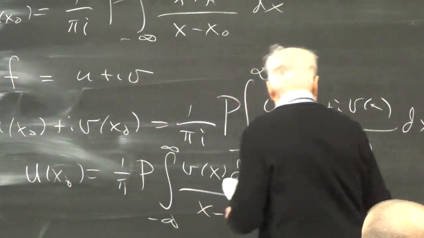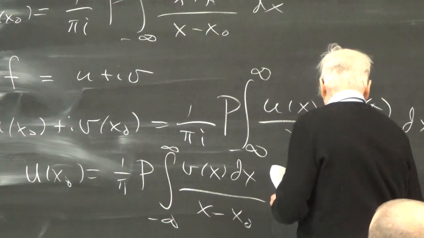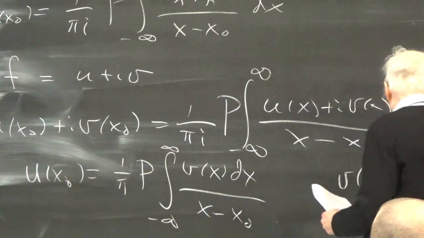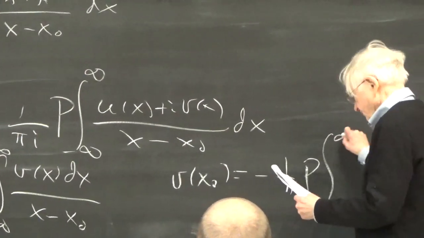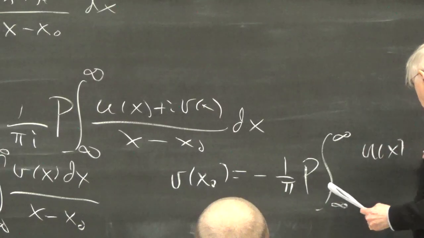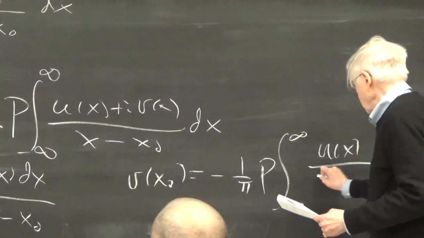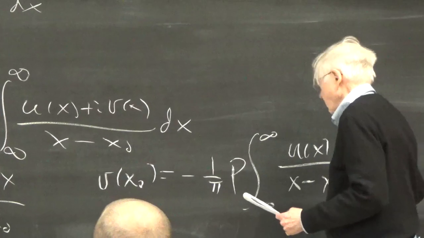And then the other one is v of x0 is minus 1 over pi principal part integral u of x dx over x minus x0.